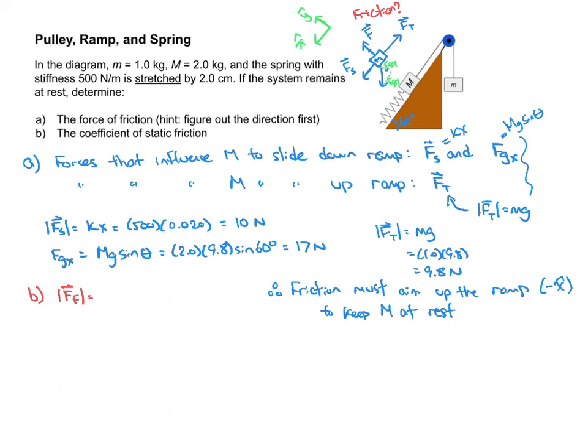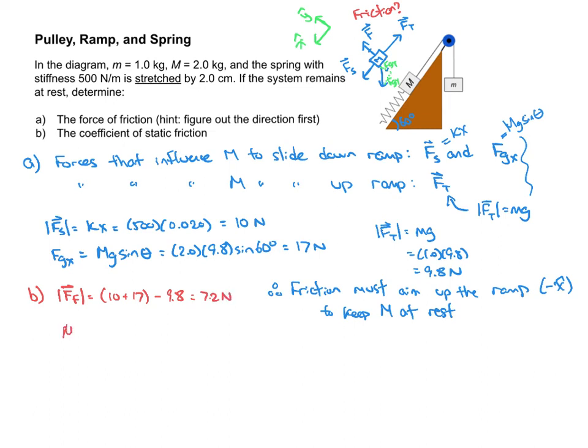So it's going to be the 10 plus 17, take away that 9.8. Okay, so whatever that difference is going to be what's needed to make the forces balance. So that'd be 7.2 newtons.